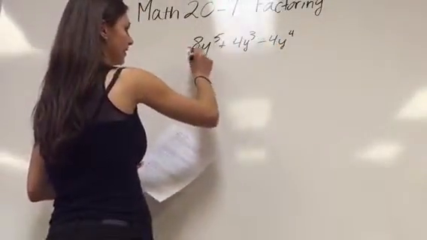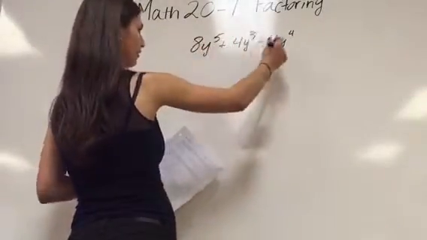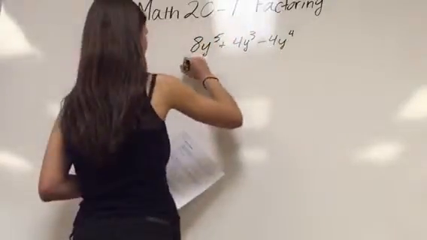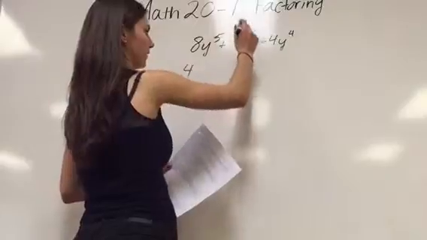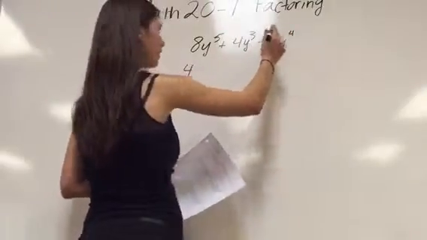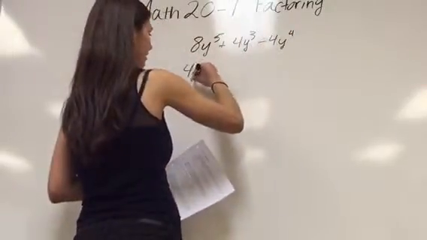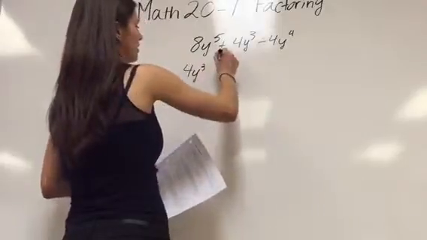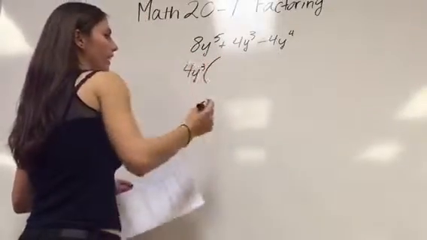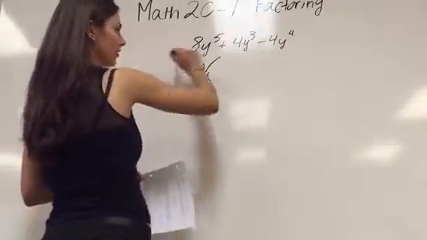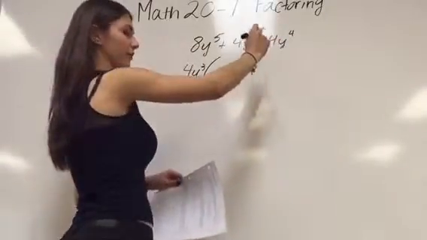So in the coefficients 8, 4, and 4, our highest common multiple is 4. And for y to the power of 5, y cubed, and y to the power of 4, our lowest is 3.